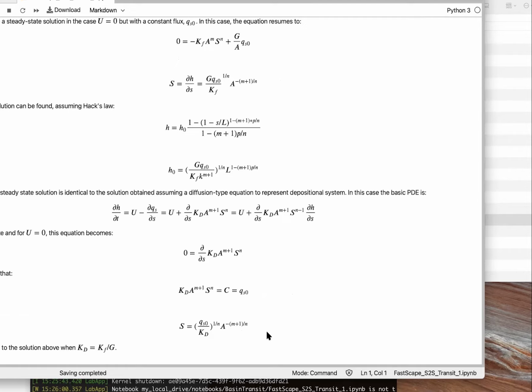But what is important is that the transient behavior, the way this equation responds when we change precipitation or change uplift, so not the steady state, are very, very different.